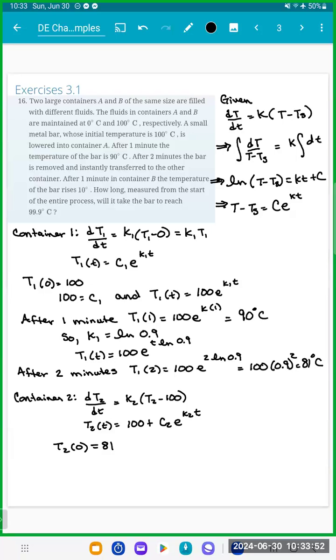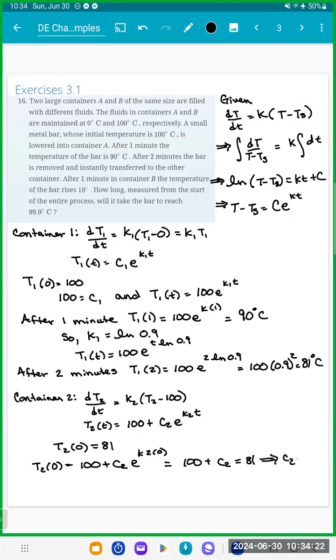Okay, so we have that T sub 2 of 0 is equal to 100 plus C2 e to the K2 times 0, because we're looking at time equal to 0. And so that's 100 plus C2, and that is equal to 81.